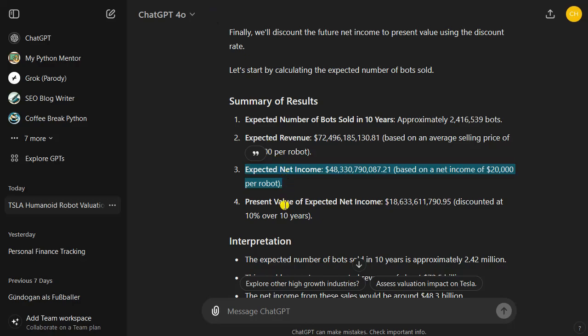So if you calculate the present value of those future cash flows using the 10% discount rate, which is already pretty conservative over 10 years, the present value, so today's value of those income numbers, is 18 billion per year. Okay, under these assumptions, if we sell only 2.4 million bots, as many as the cars we sell today, even though the demand for those bots is much higher, like 100 times higher than that, or even more, right?